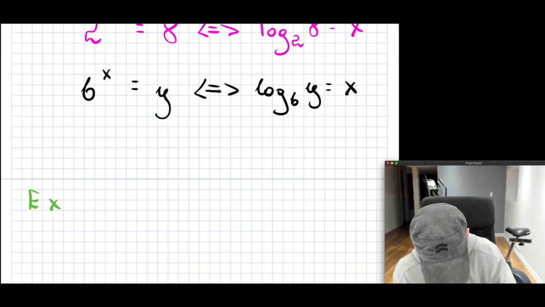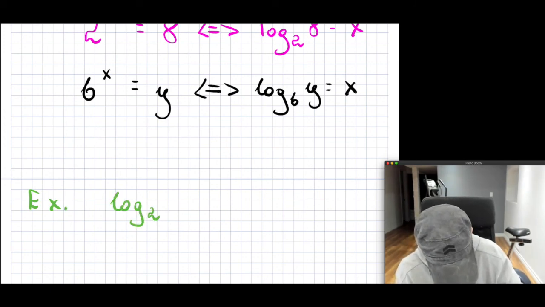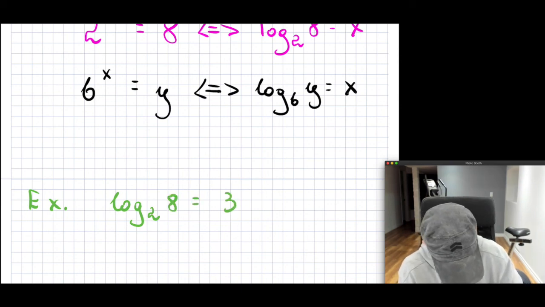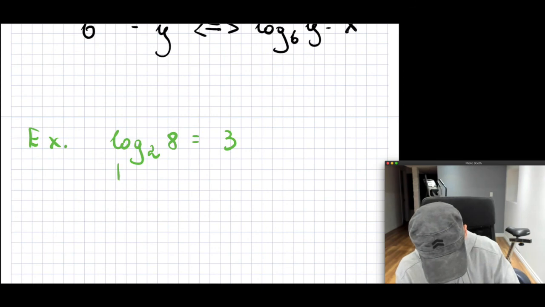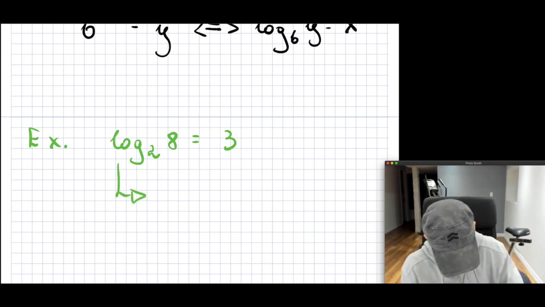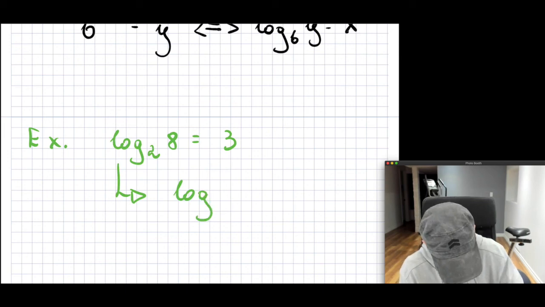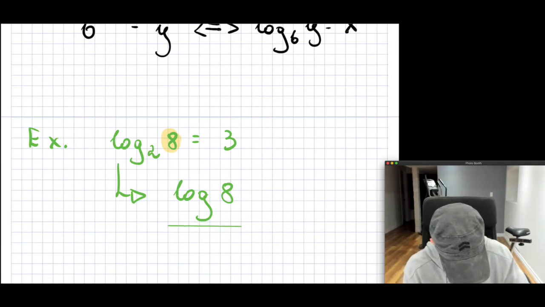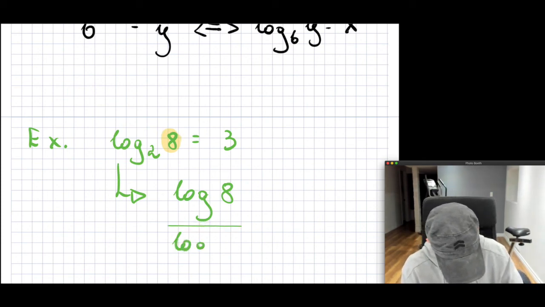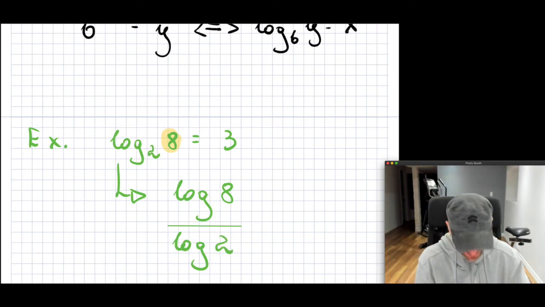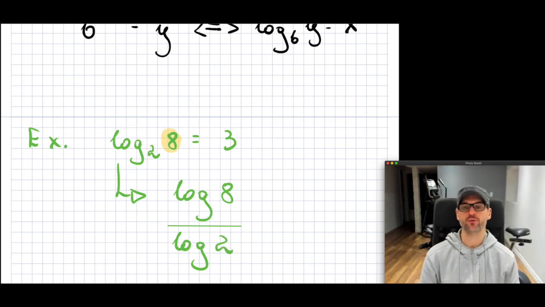So instead of inputting it as I did, I'll give you an example. We wrote log base 2 of 8, and we knew that the answer was 3. Now in your calculator, this can be written as simply log of whatever your output was divided by log of 2, and that will also give you the correct answer.